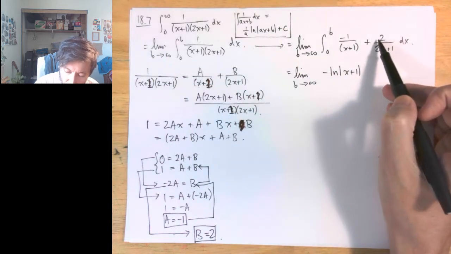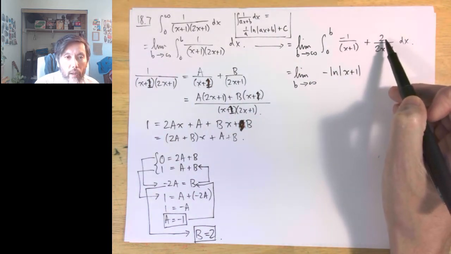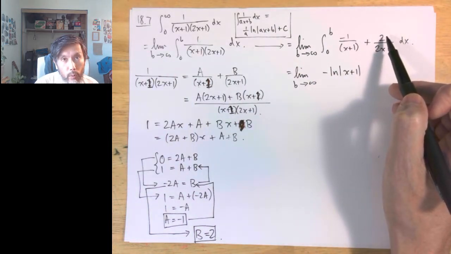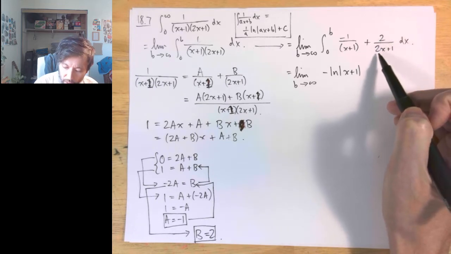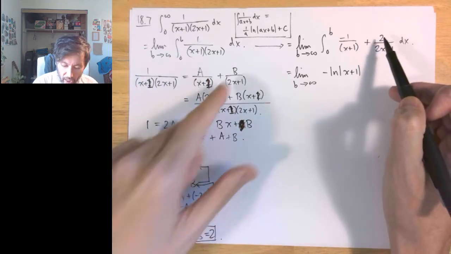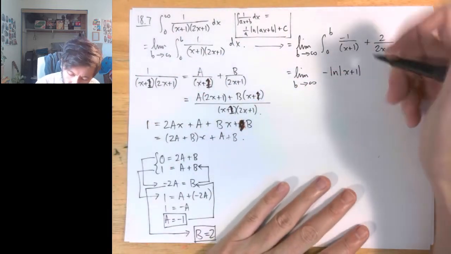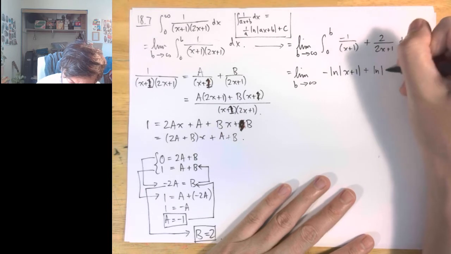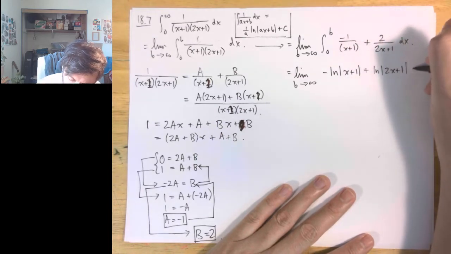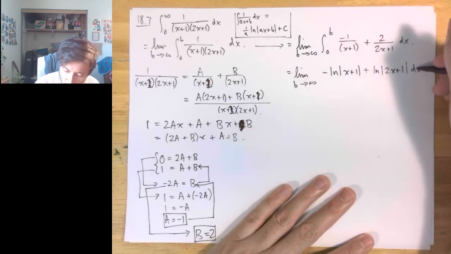But then notice that we have this other 2 up here. So that 2 by the constant multiple rule will multiply the integral of 1 over 2x plus 1. And so the 2 there and the 1 over 2 there, they kill each other, right? And so what we're left with is the natural log of the absolute value of 2x plus 1.